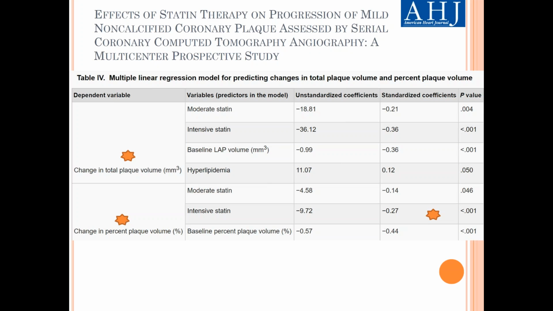So changes in total plaque volume with intense statin therapy was statistically significant and lower in the intense statin group, as well as change in percent plaque volume. Do you have any pictures to show from this? They didn't have any pictures in the study.